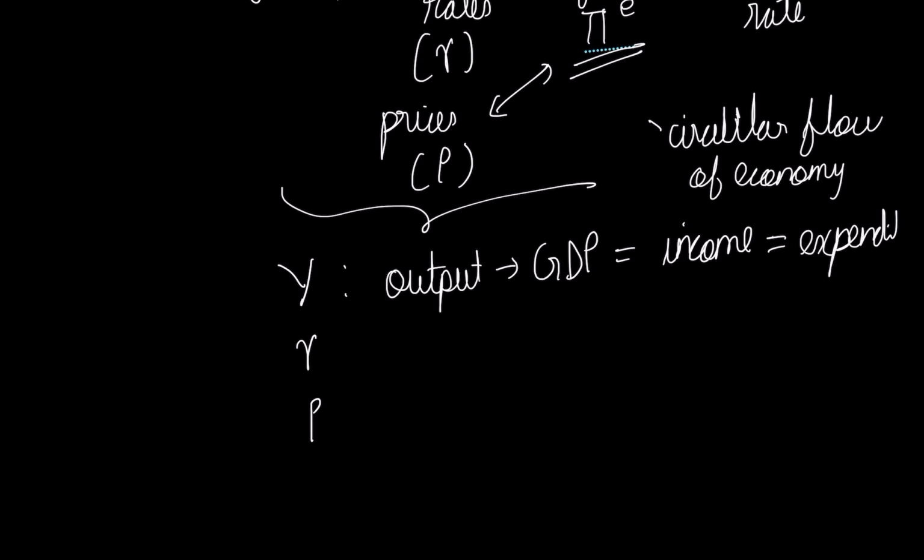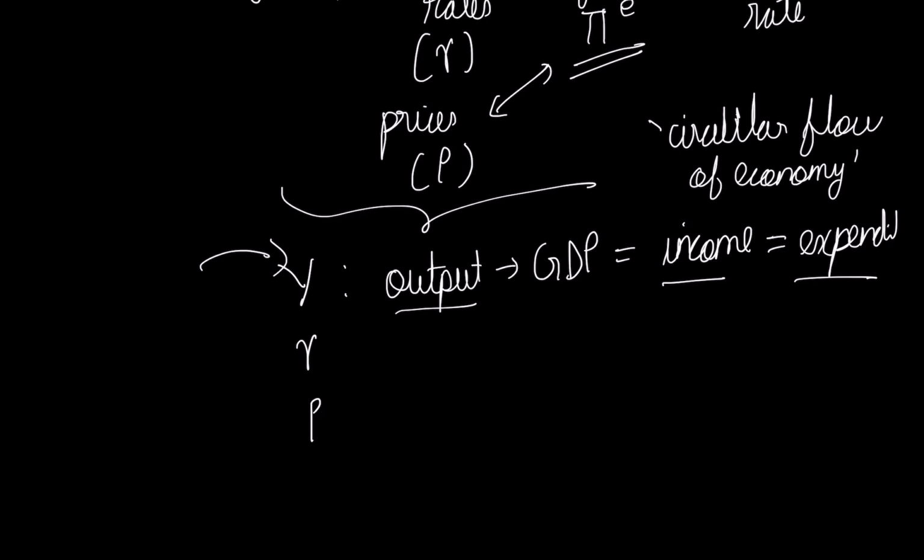And what this means is, in an economy, everything flows circularly. So whatever income that the factors of production are earning by providing the different kinds of services is equal to the total amount of output that is generated in the economy, which is equal to the total expenditure in the economy.